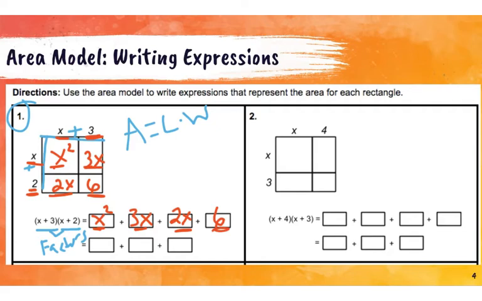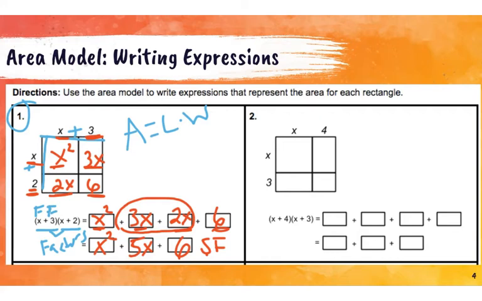Now, there are only 3 boxes below because I'm writing x squared, and here I've got like terms, the positive 3x plus 2x, which gives a total of 5x. Now I just bring down that plus 6. So this is standard form. And up here, what they gave us was factored form, the sides. That should be FF, factored form.